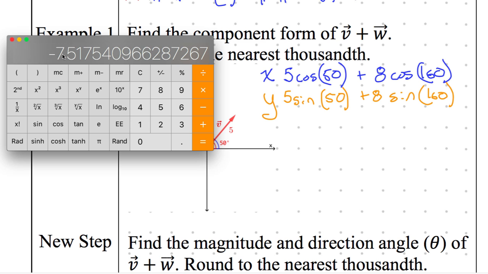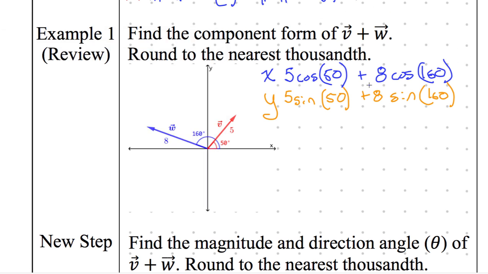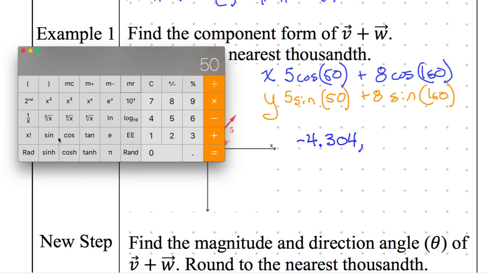So I'm going to add this to my memory recall, so plus memory recall, and I get 4.3036, and I'm rounding to the nearest thousandth. Cannot pronounce that word today. So I have tenth, hundredth, thousandth, so I'm rounding to this decimal place, so it's negative 4.304, comma, 50 sine times 5. Let's just write it down, old-fashioned.